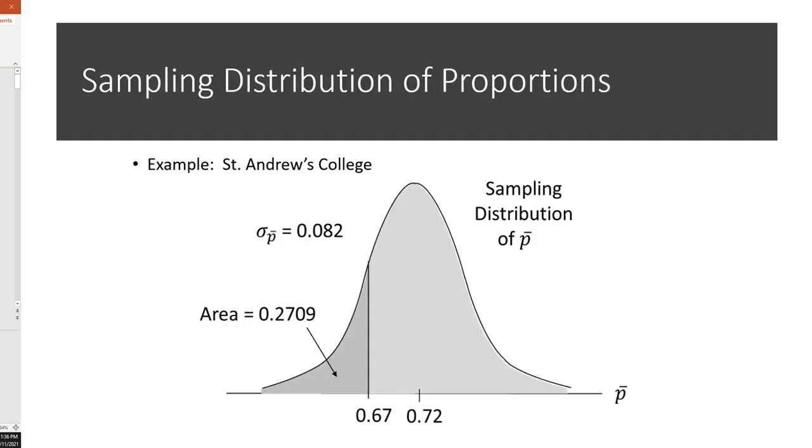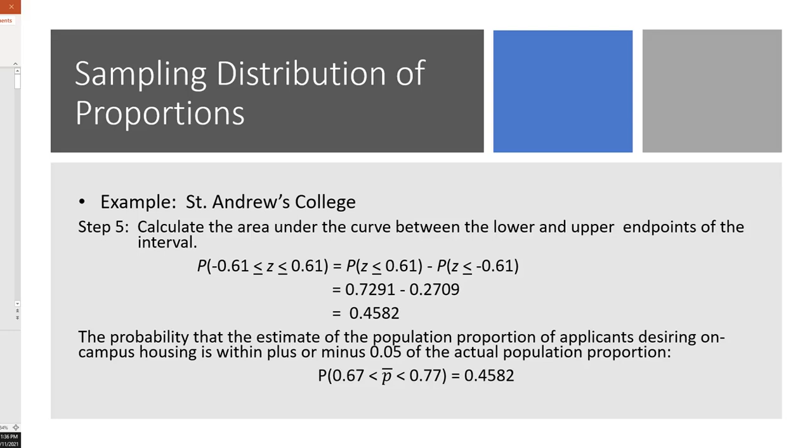So now we see that the area under the curve that is less than our lower bound of 0.67 is represented in this image by the darker shaded area. We only want to know the area between these two z-values.